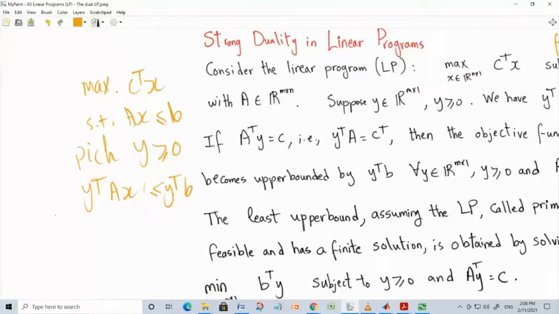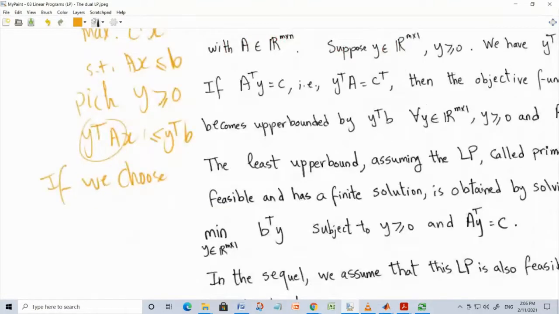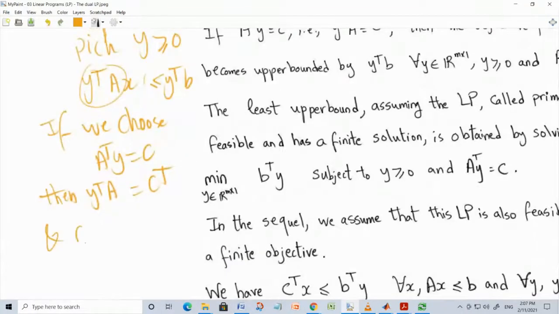Then what if we choose A transpose y to be equal to c? Then y transpose A is equal to C transpose, and C transpose X is less than or equal to y transpose B. C transpose X is something very special in our problem: it's the objective.